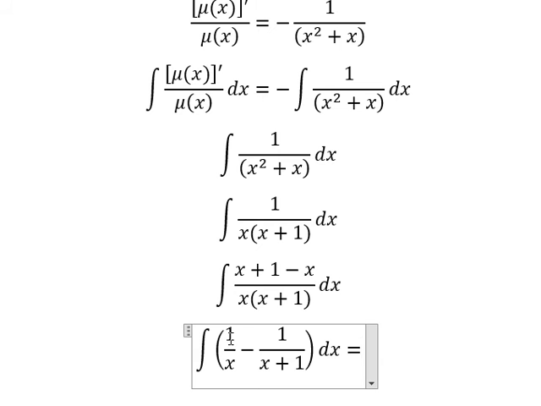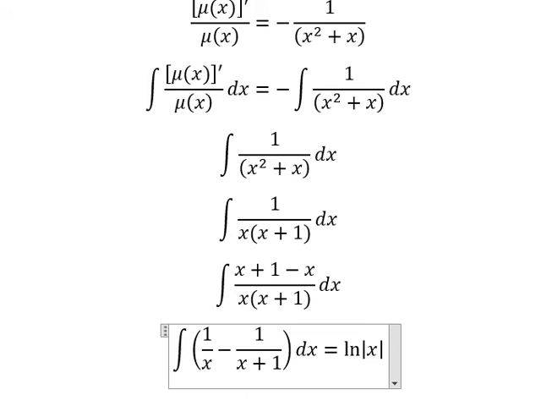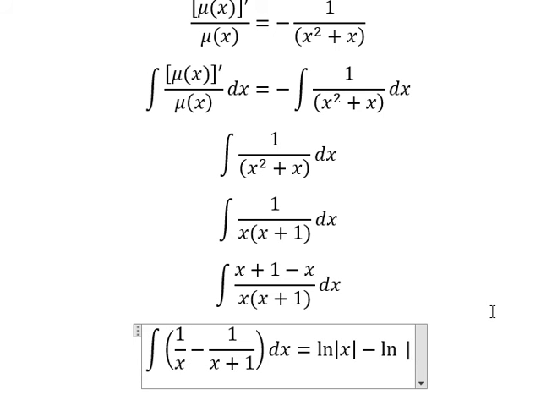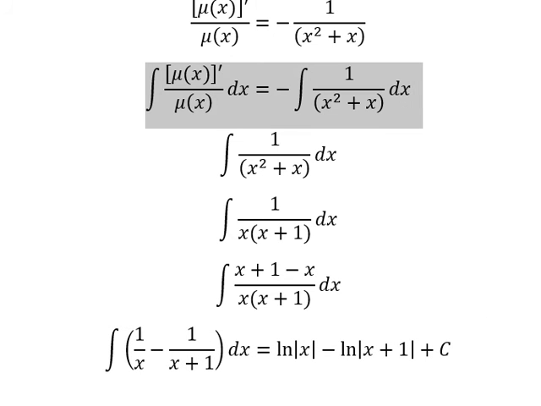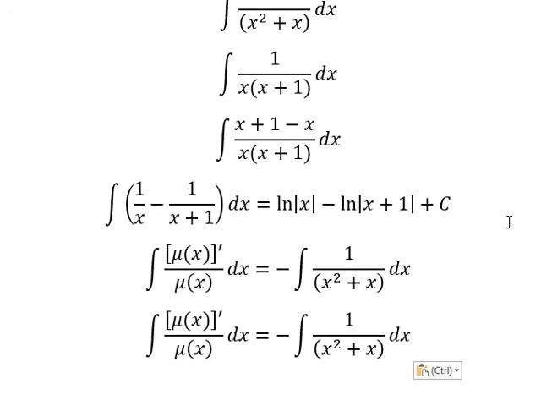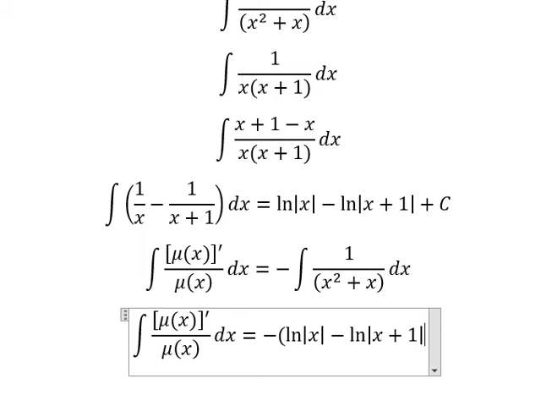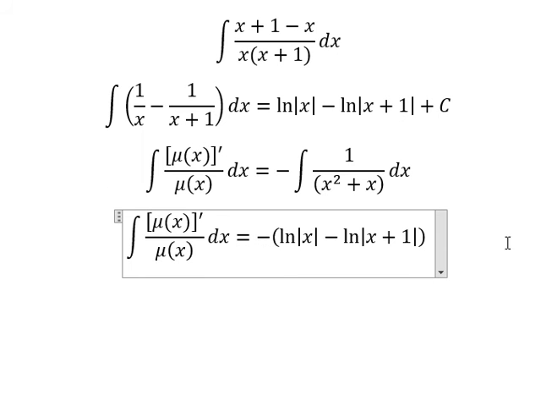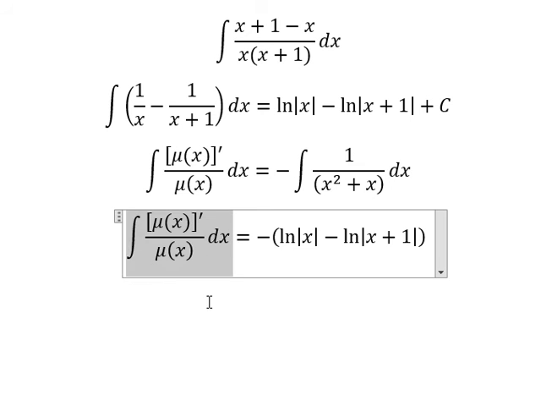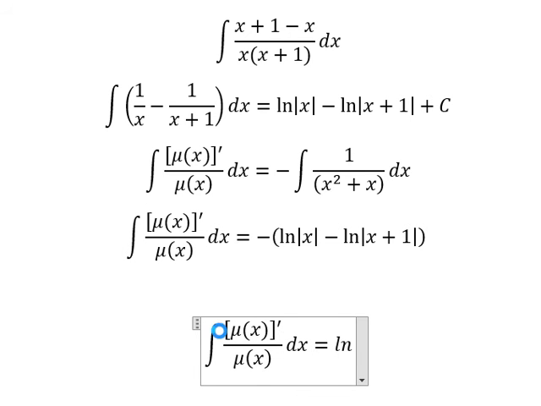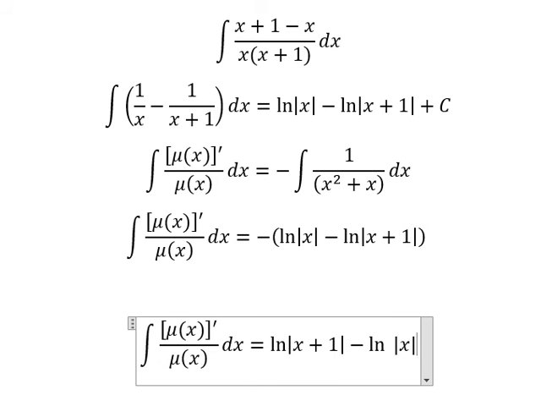The integration of 1 over s, we have ln of the absolute value of s. The next one is ln of the absolute value of s plus 1. And we put c. And now, about this one, we have negative, so we will have ln of the absolute value of s plus 1 minus ln of the absolute value of s.